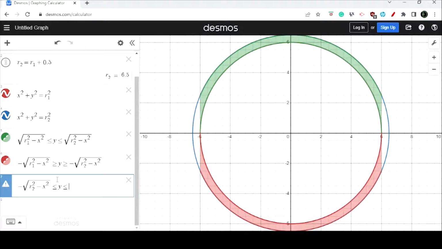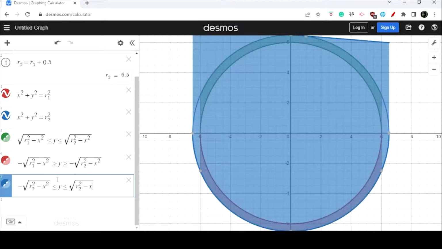I'm going to bind that with the top half here. Right, so actually, we might not even need to do this.